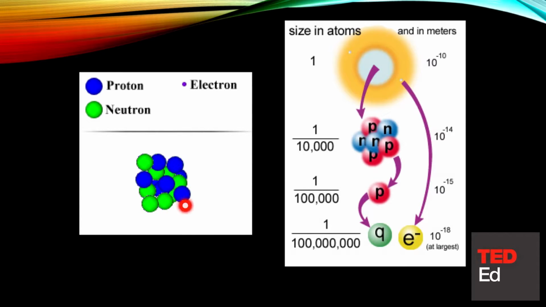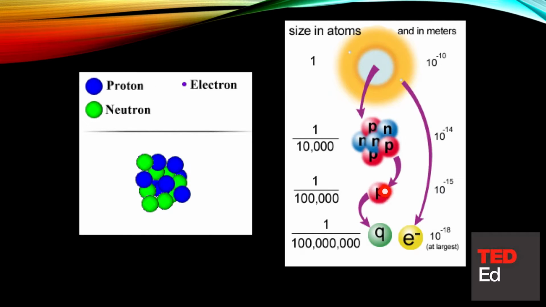Here is a demonstration of how big a proton and neutron are as compared to an electron. If a proton and neutron were this size, and this was the size of the nucleus, the electron would be completely invisible. We would not be able to see it. You can look at this here. If an atom equals the size of 1, the nucleus is about 1/10,000th the size of the atom.